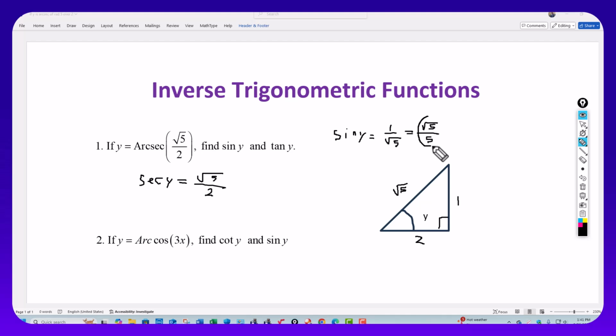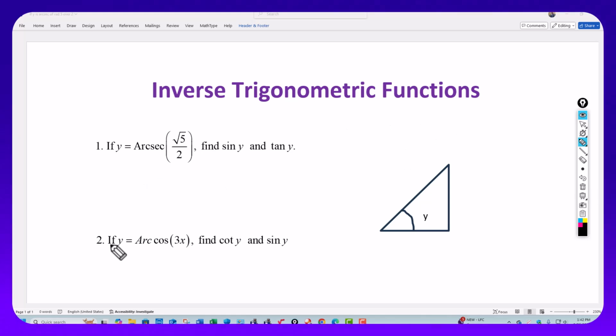And if they ask you for an approximation, you can use your calculator to whatever decimal places they ask. And then for the tangent of y, again we refer to the triangle. Tangent of the angle y is the opposite, which is 1, over the adjacent side. This is 1/2.